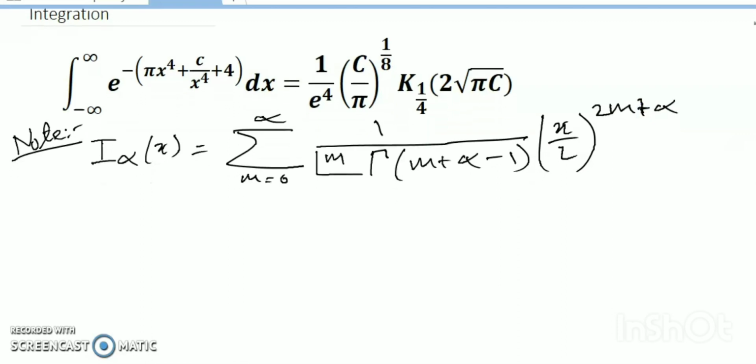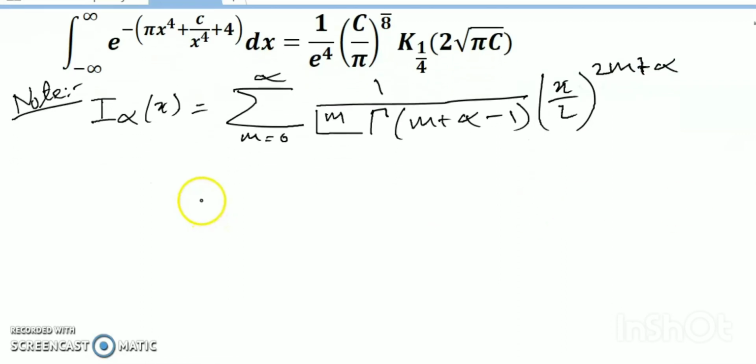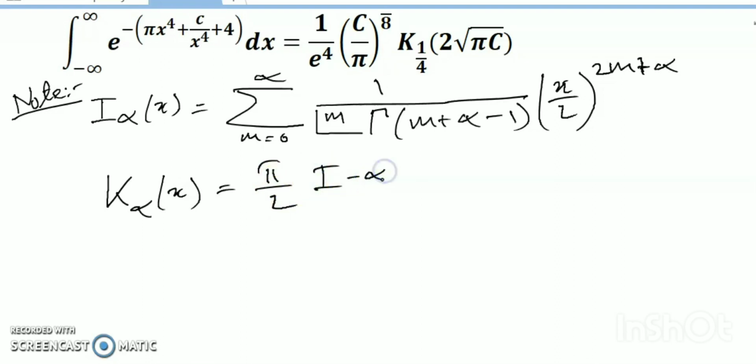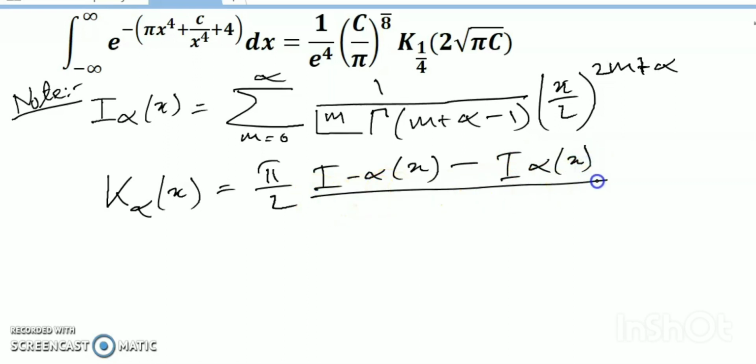Okay, another is K alpha x. This is the second modified Bessel's function, that is pi by 2 times I minus alpha x minus I alpha x divided by sine alpha pi.